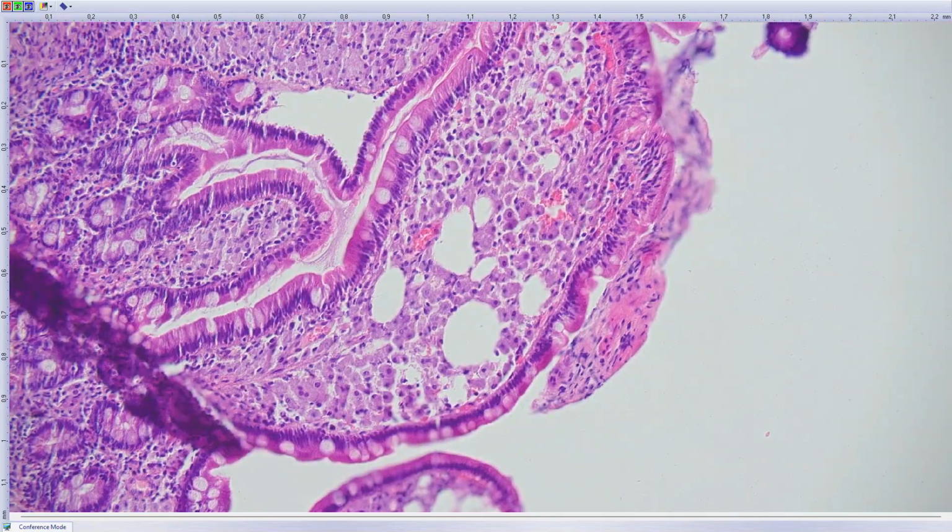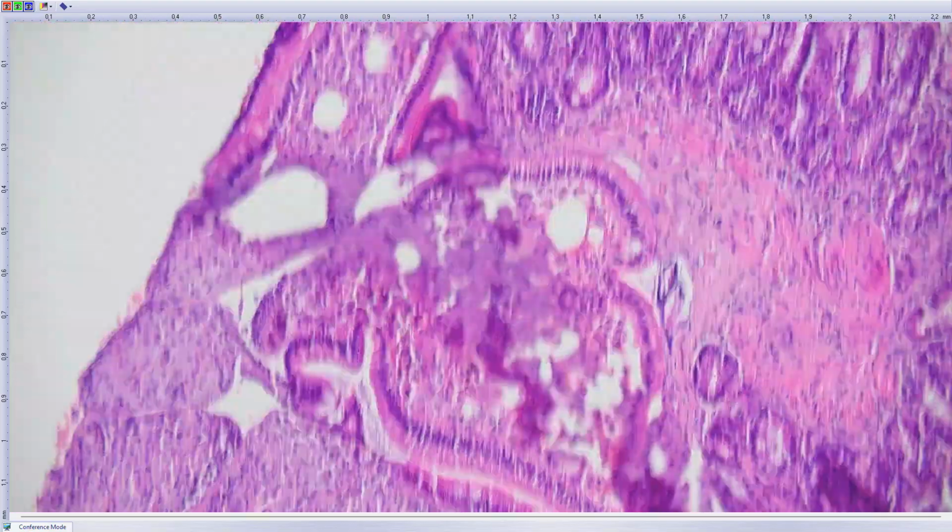It was sent as a consult case to confirm the presence of Tropheryma whipplei by molecular genetics, and it was positive.